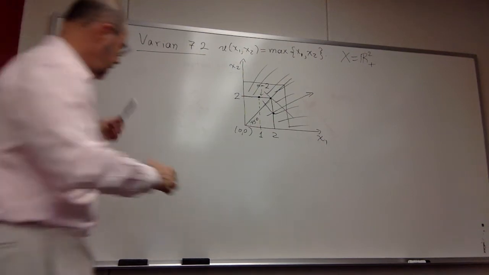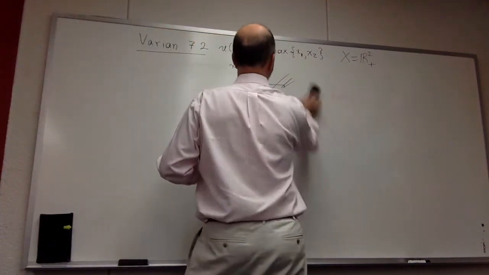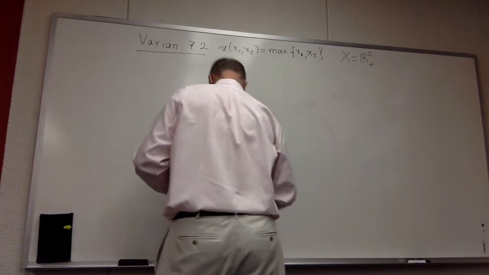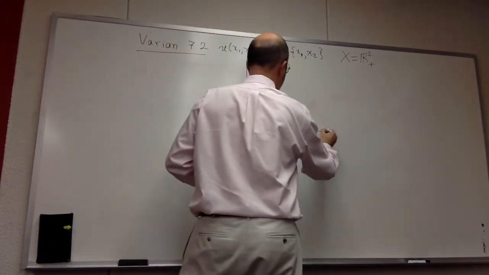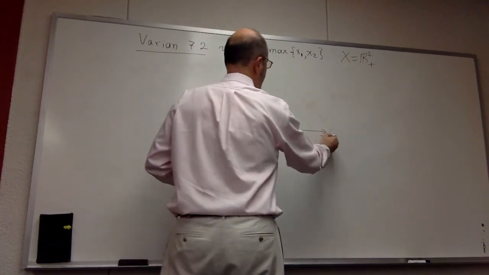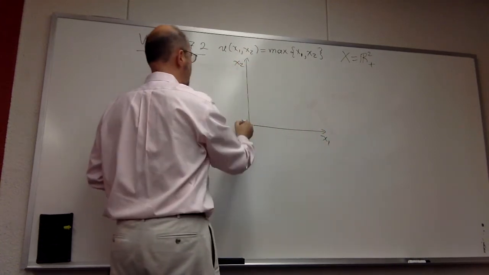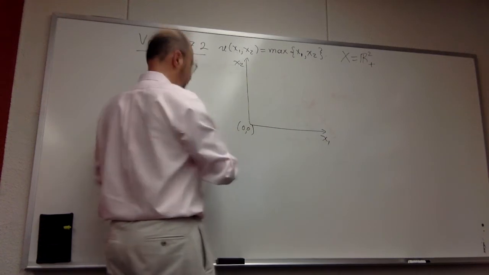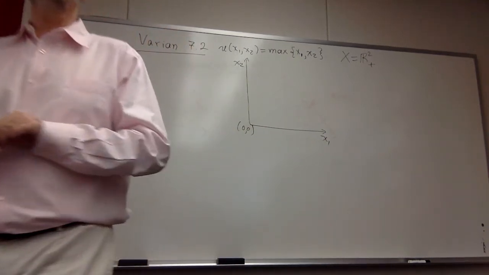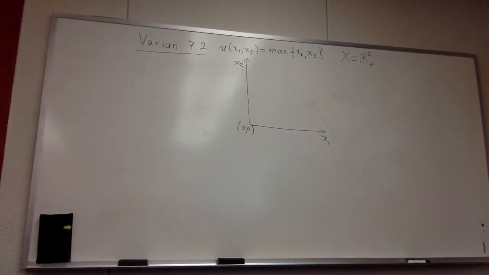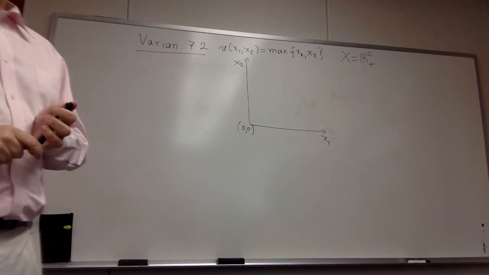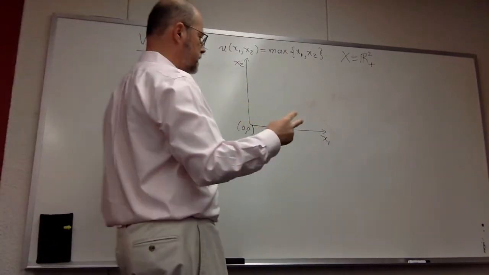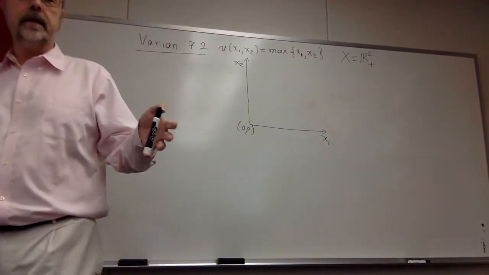Okay, so let me clean up. In your notebook, make a new graph. And now, instead of starting with an indifference curve, I will start with a budget. Now, in the budget, the assumptions I'm going to make are standard.